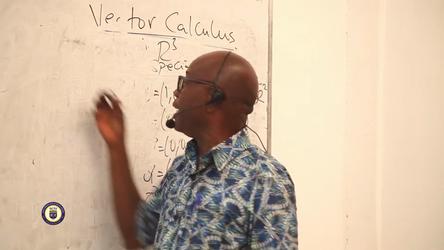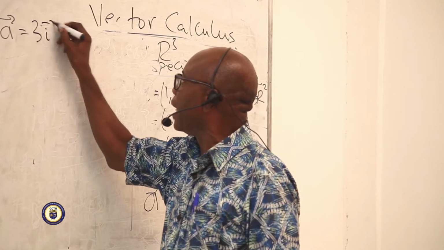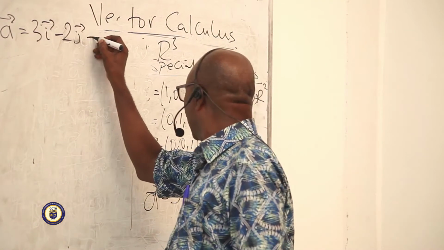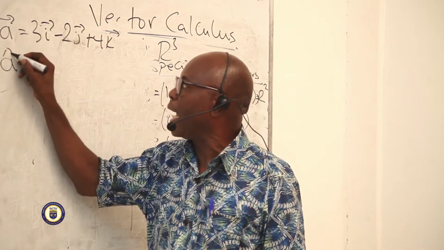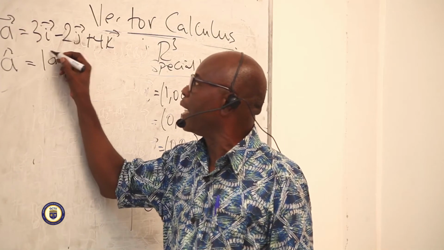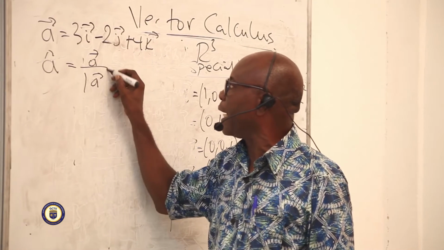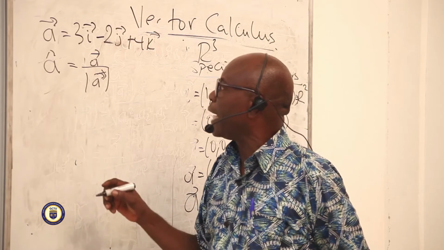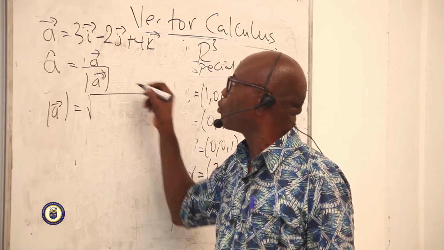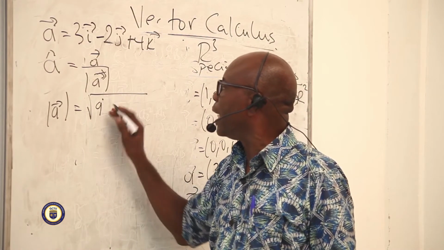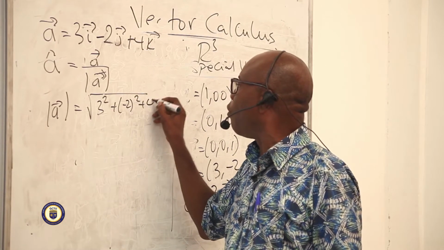So for the given vector A, which is 3i minus 2j plus 4k, the definition of the unit vector is still the same: unit vector A is the vector A divided by the magnitude of vector A. The formula for the magnitude also remains the same: the square root of the squares of the components, 3 squared plus minus 2 squared plus 4 squared.